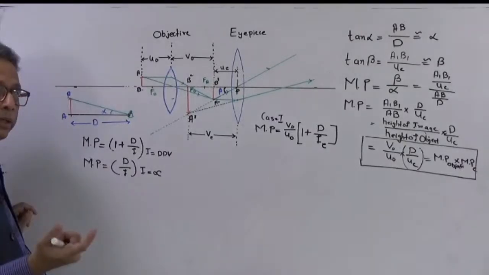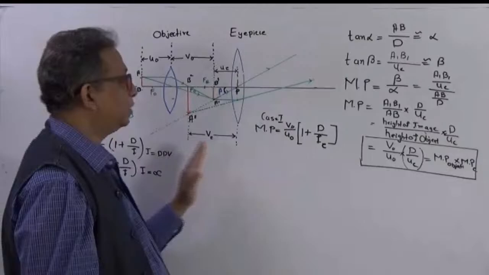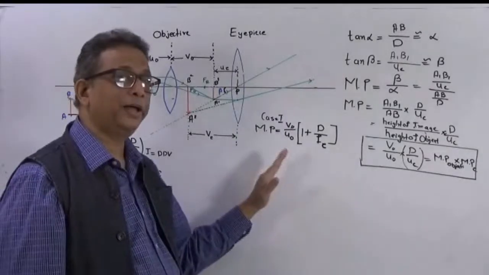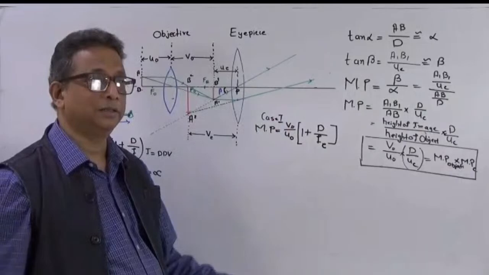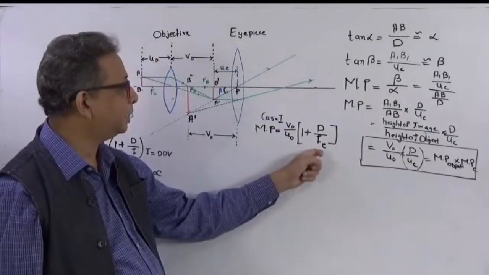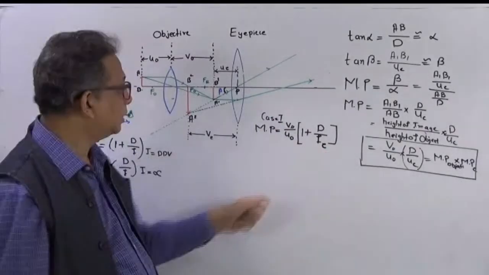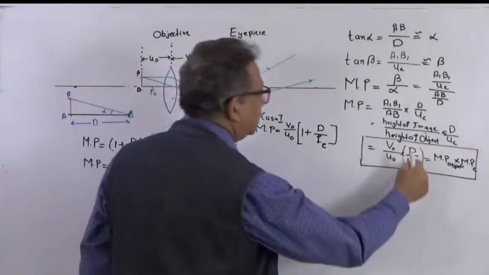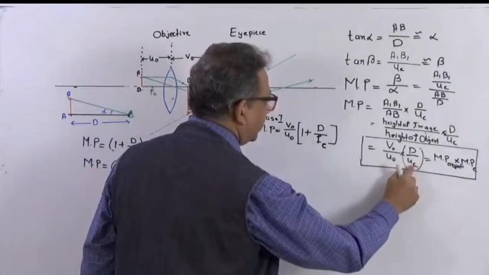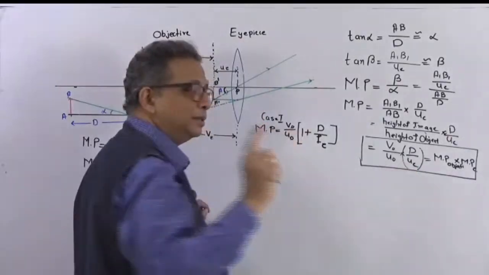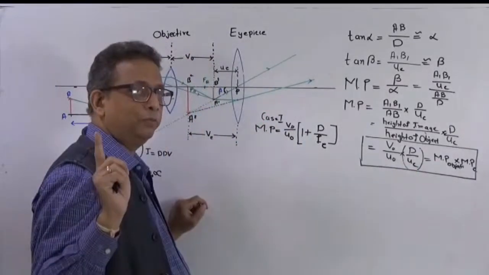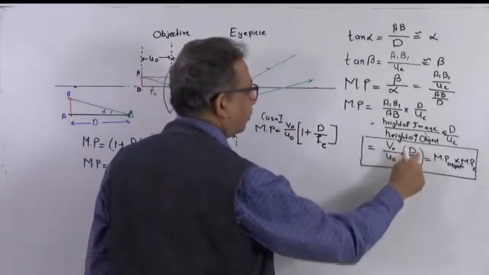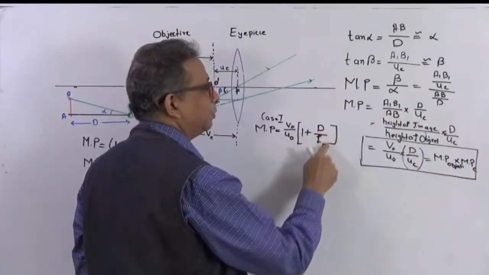But here, since we are using 2 lenses, we have to specify the focal length of which lens. Don't make a mistake, here it is the focal length of the eyepiece, correct? Now the derivation from D upon UE to 1 plus D upon FE is given in your last session for the simple microscope. Please refer to that, how D upon UE gets converted into 1 plus D upon FE, right?